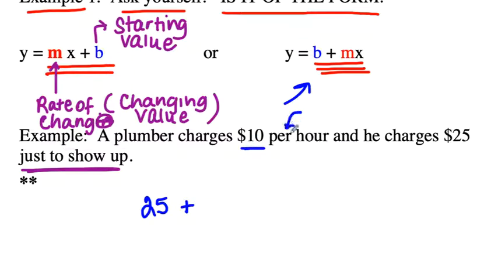How do I know that? Because it says per hour. So every hour it's going to change by $10. So 10 would be my slope or my rate of change, 10x. So 25 plus 10x.